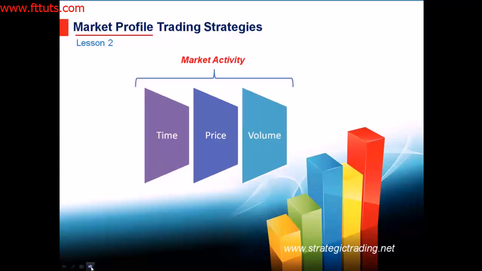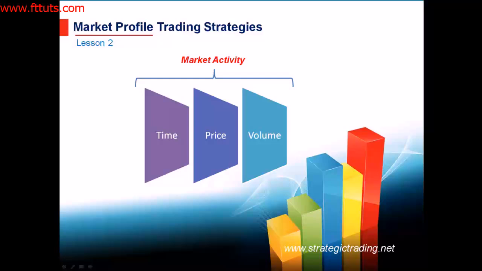Now, why those three key items? Because these three items will allow us to get a handle and to understand what is going on in the market. And that's really what we want to know as traders. We want to get a feel for market activity.